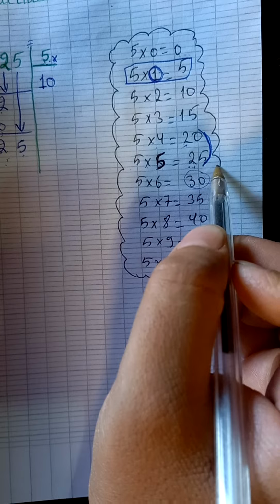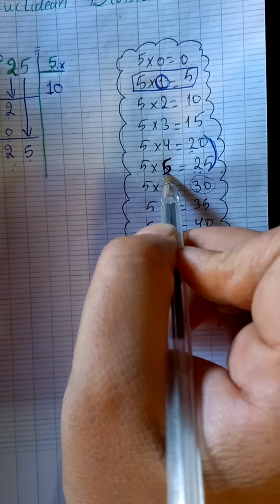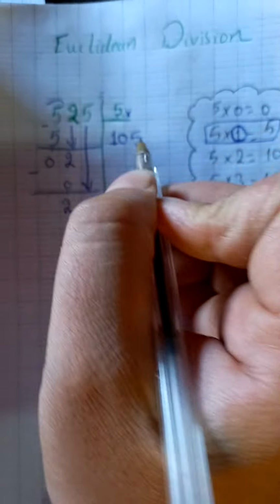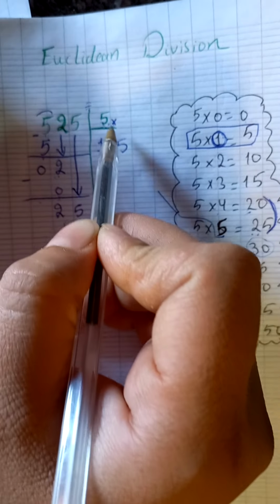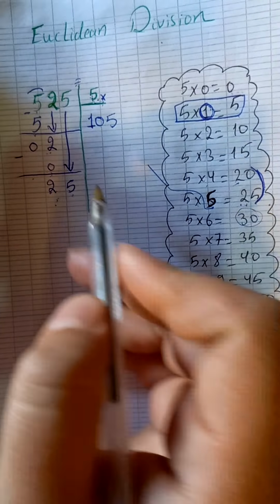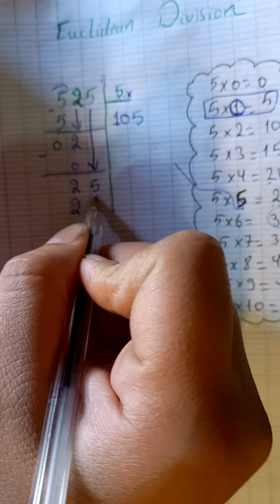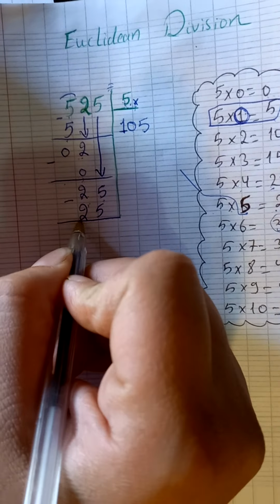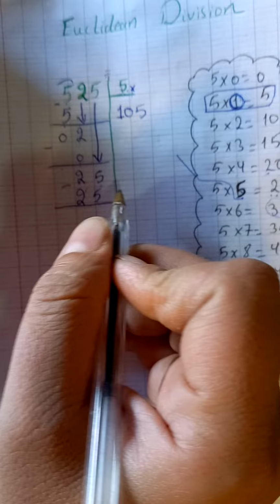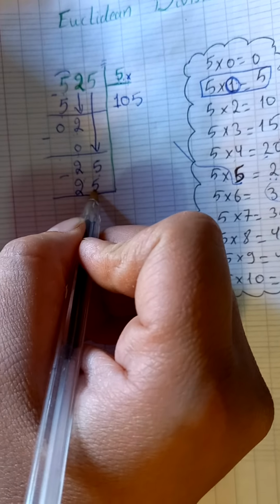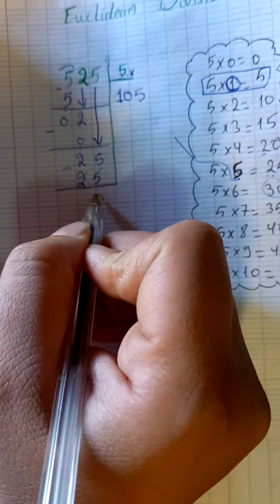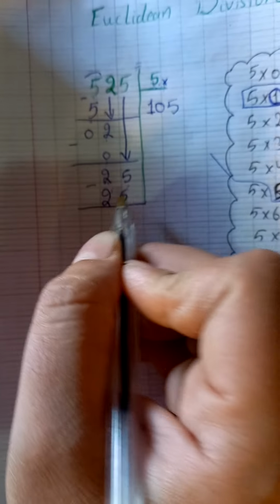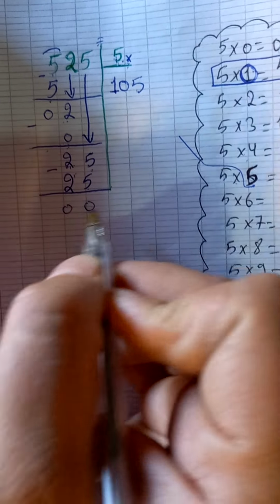5 times 5 is 25. This 5, I will write it above in the quotient here. Now 5 times 5 is 25. I will write it, 2 under 2 and 5 under 5, and subtract. 5 minus 5 is 0 and 2 minus 2 is 0.